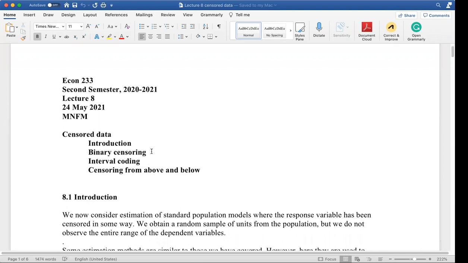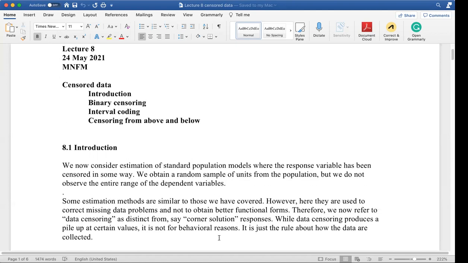We'll be covering binary censoring, where we end up using again the probit model. We will have interval coding, where we would get interval regression, and we will have censoring from above and below. Here we will encounter the censored normal regression.